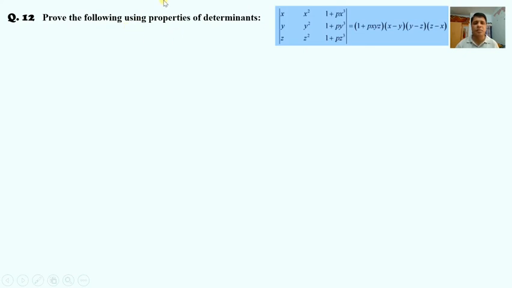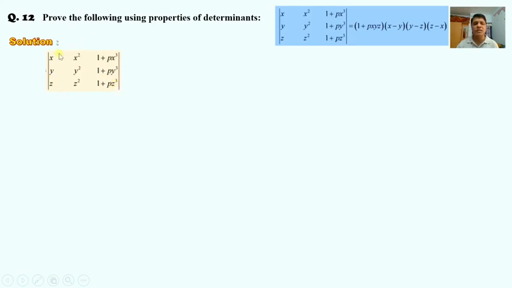So we have to use the properties of determinants, and then we have to solve it and prove it. So let us go for its solution. We have this determinant. In the beginning we had studied properties of determinants. This question can also be solved in that way. As you can see here, C3 is the sum of two elements, 1 plus and 1 plus.